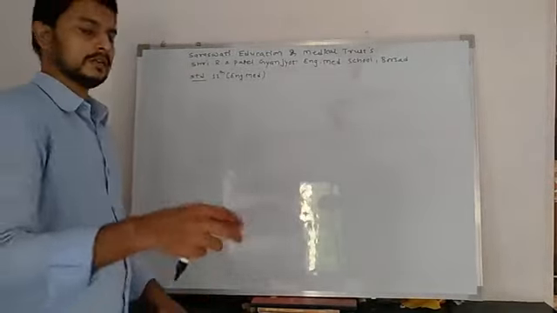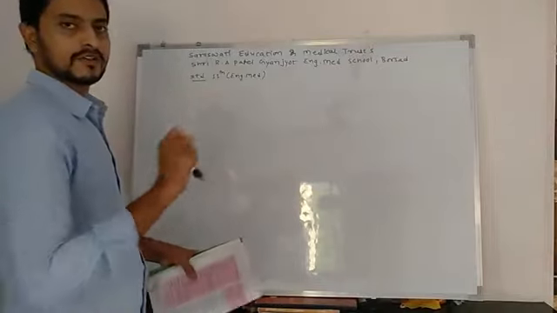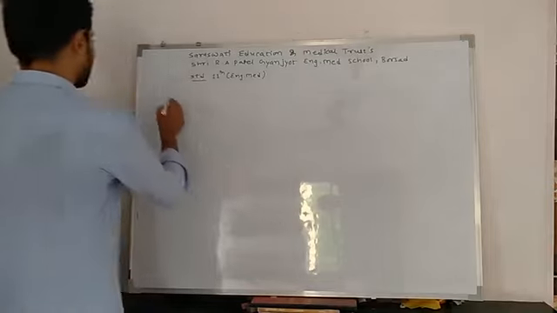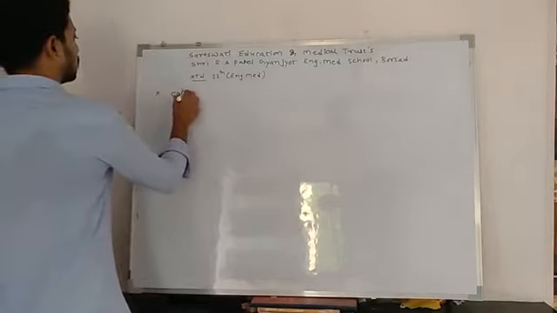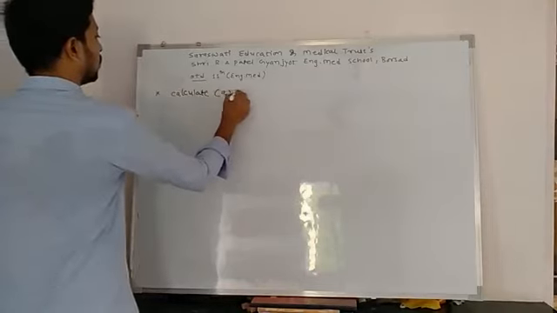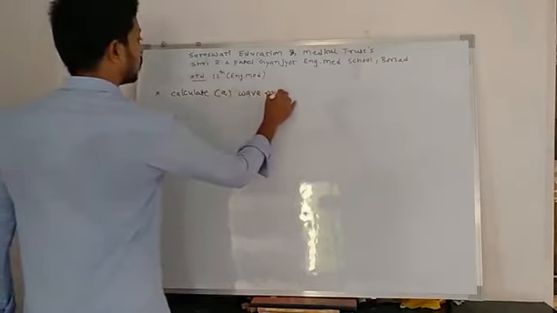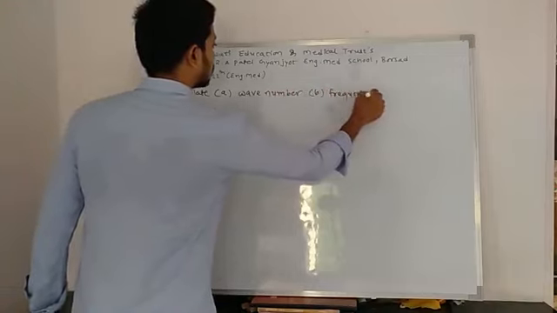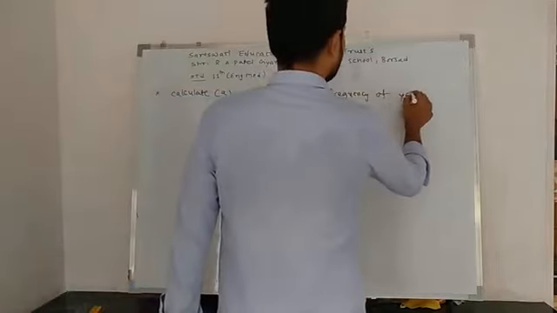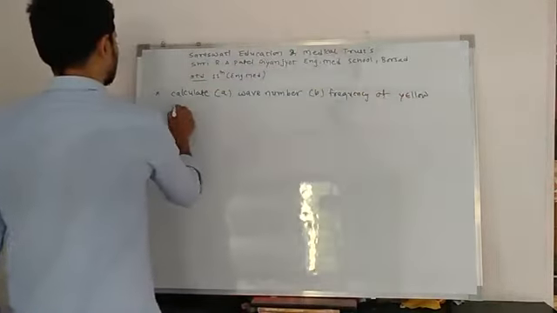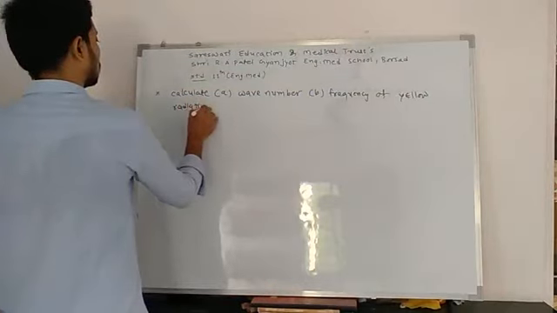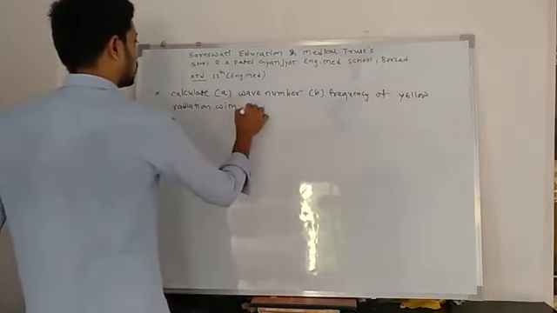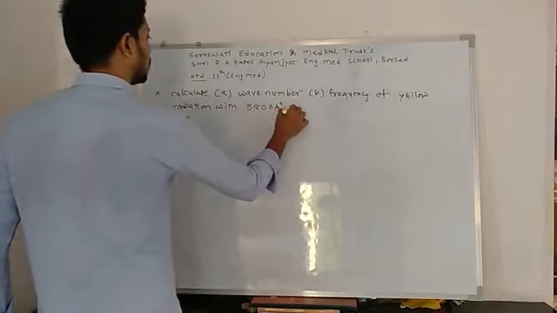Our second numerical is regarding calculation of wave number. Wave number means nu bar, and calculation of frequency. So the question is: calculate number 1 wave number and number 2 frequency of yellow radiation with a wavelength of 5800 angstrom.